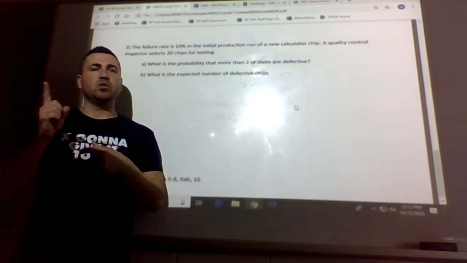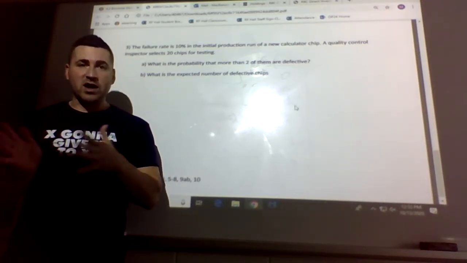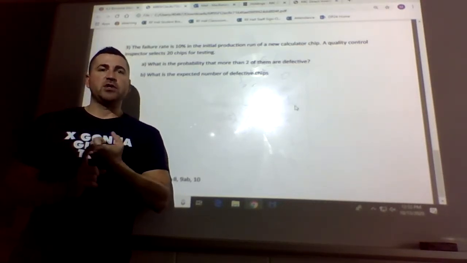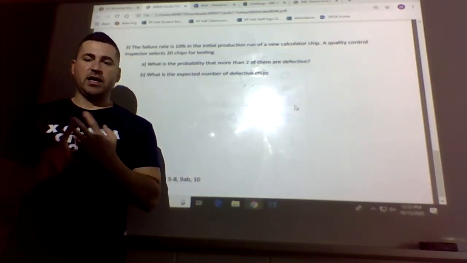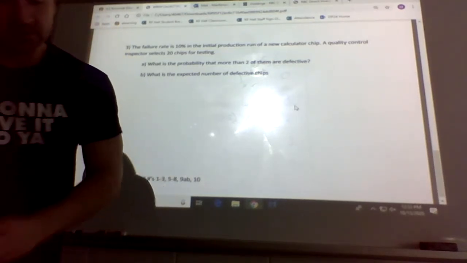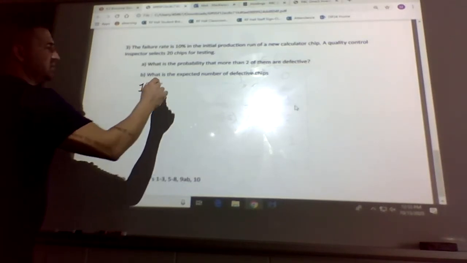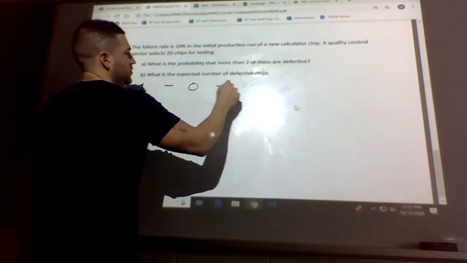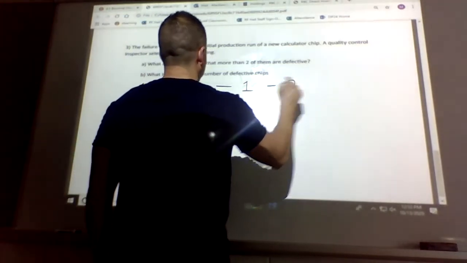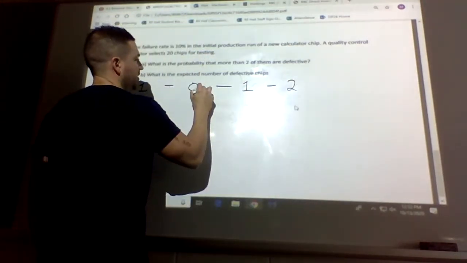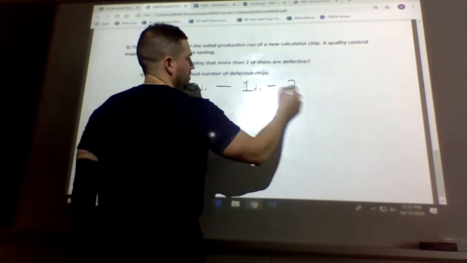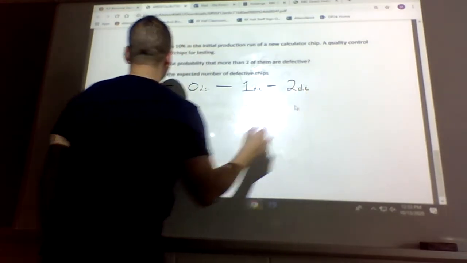So we're going to do 1 subtract 0 defective chips, 1 defective chip, and 2 defective chips. So we're going to do 1, we're 100%, subtract 0, subtract 1, subtract 2. These are defective chips.